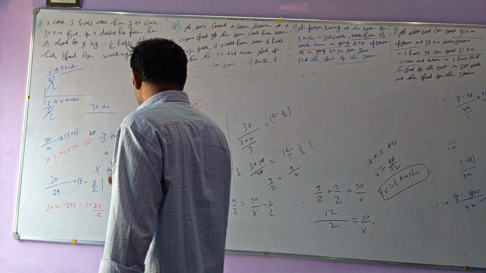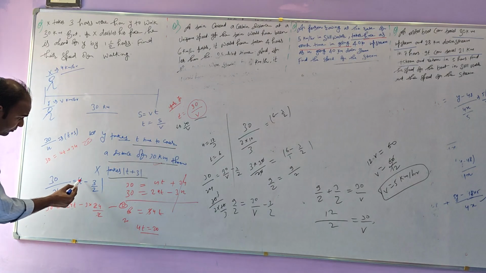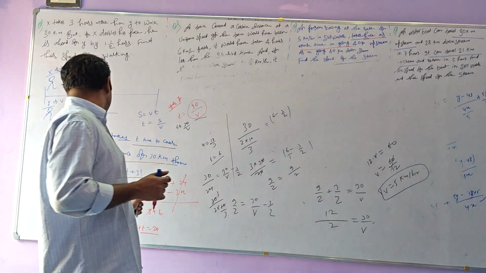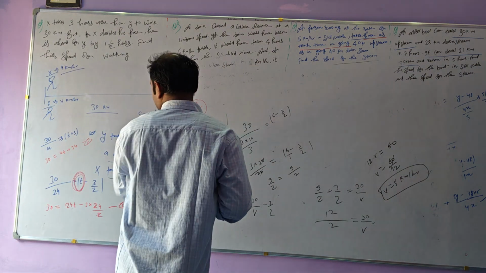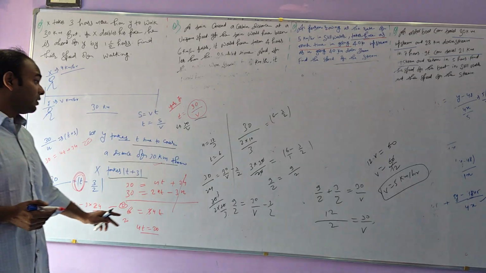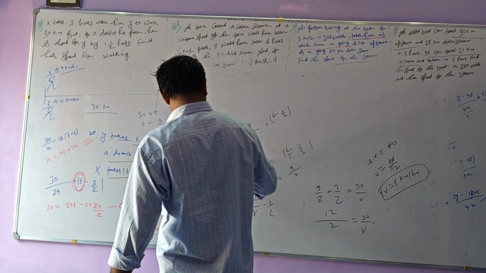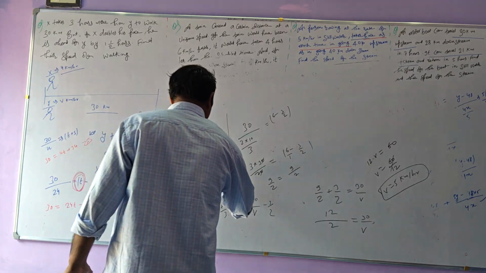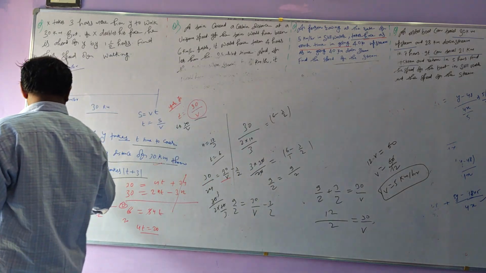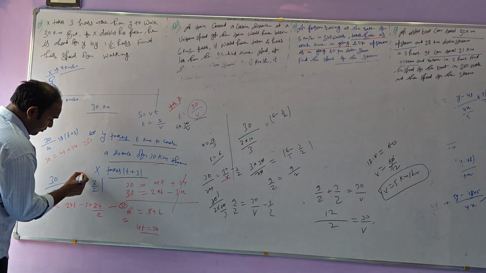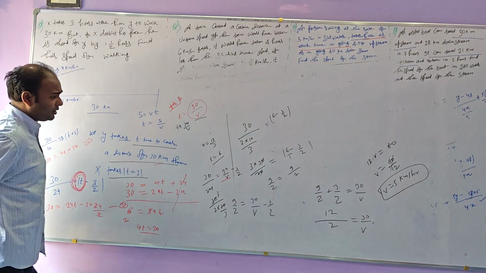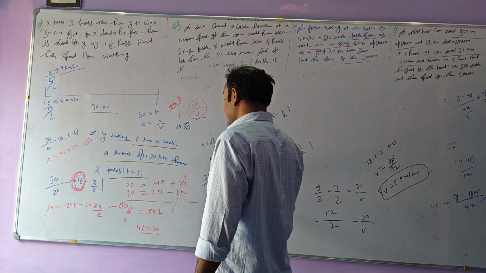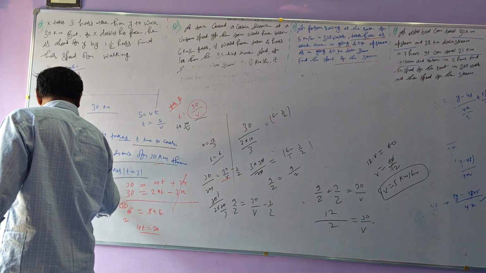When we put the value of t is equal to 30 upon v at this place, we get a result in terms of v. We are just making the solution easy with a term of v, avoiding the term t.